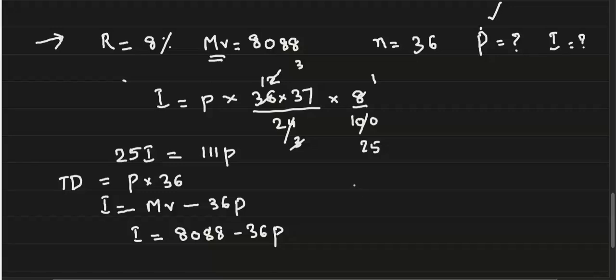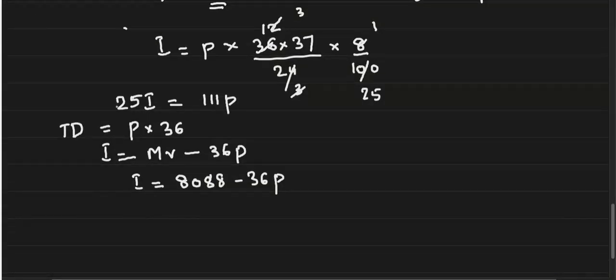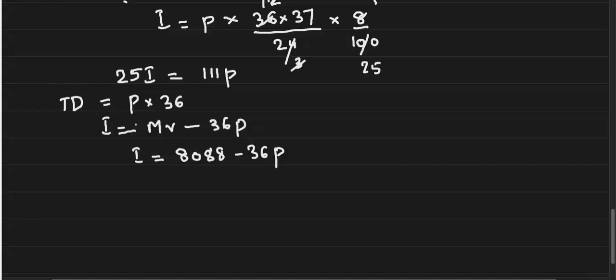Got it? So now how will you solve if you have all these things together? 25I equal to 111P and I equal to 8088 minus 36P.